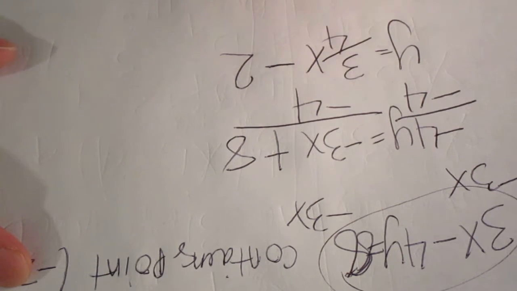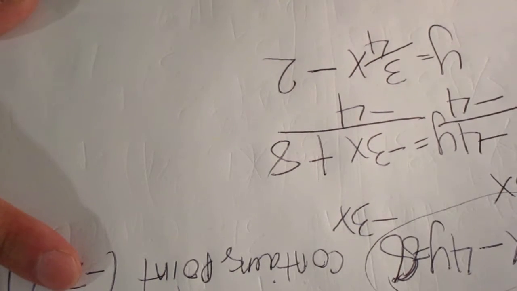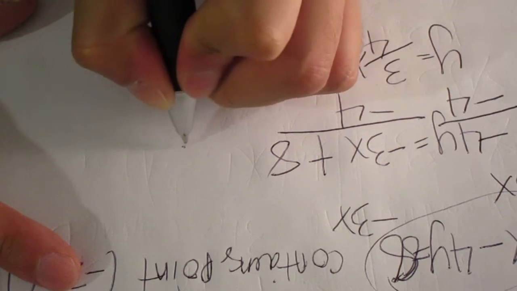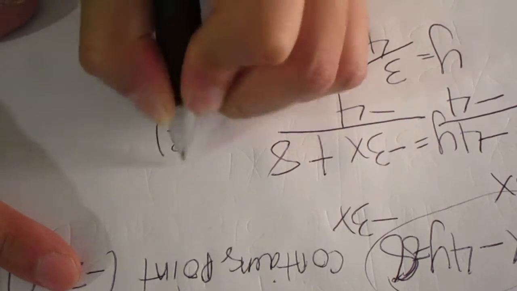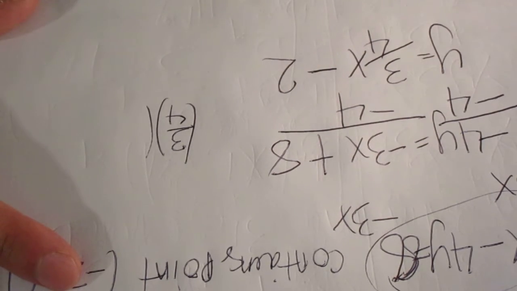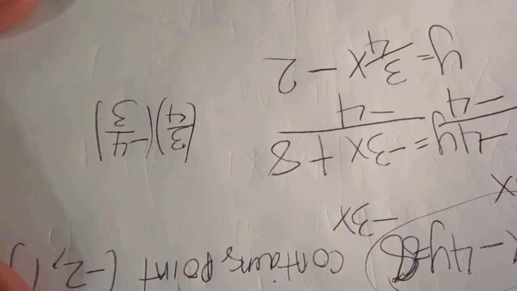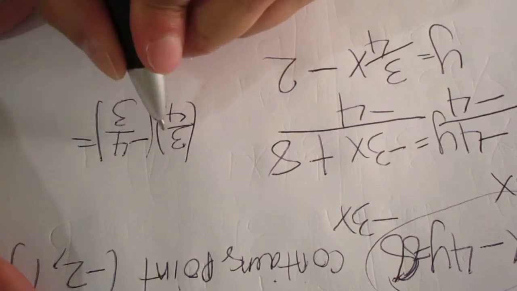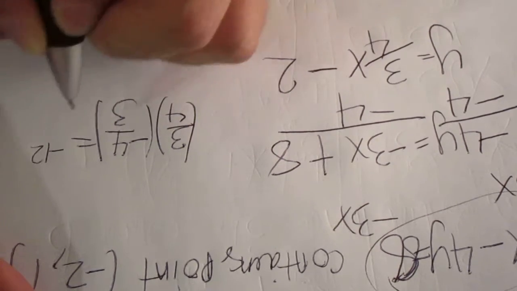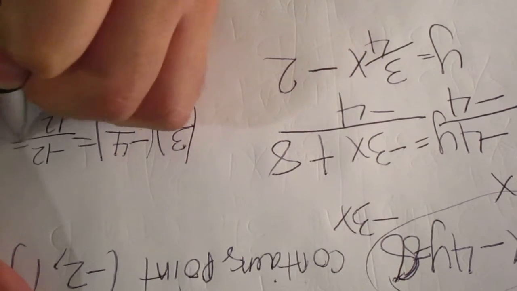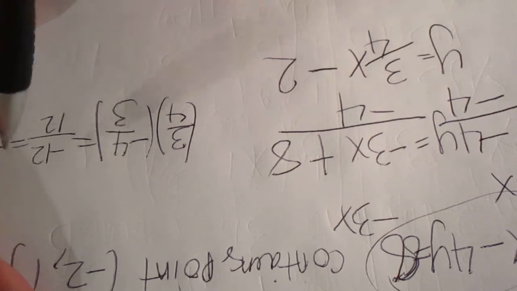So what would be our new slope for the next line? m1 is 3/4, right? And then the next one would be negative 4/3, because when multiplied it gives you negative 12 over 12, which gives you negative 1. So you got to follow the rule.